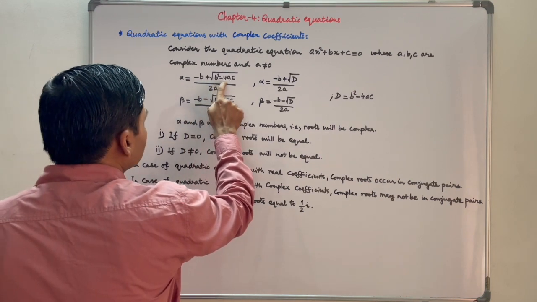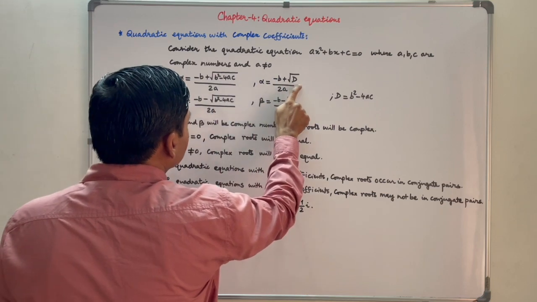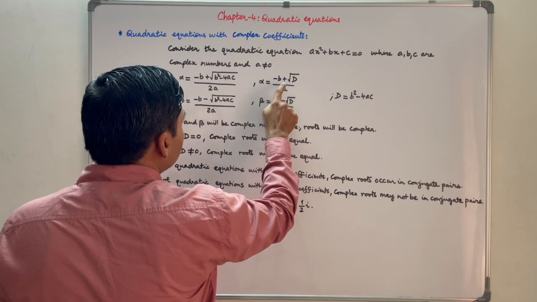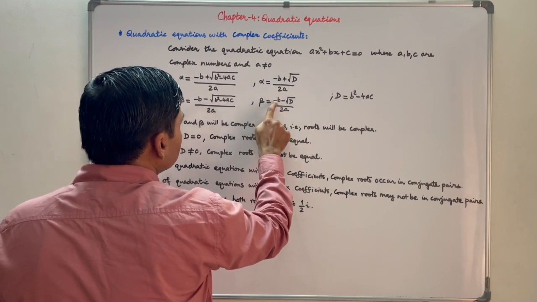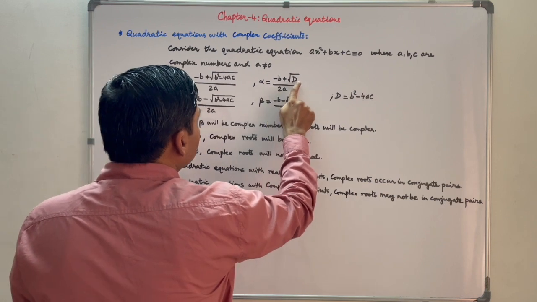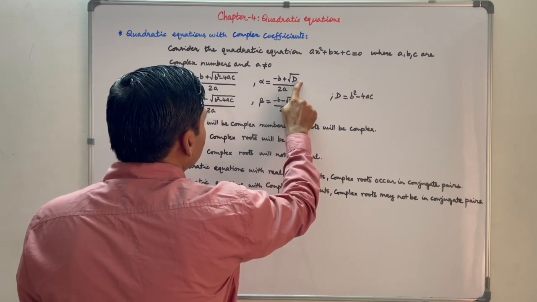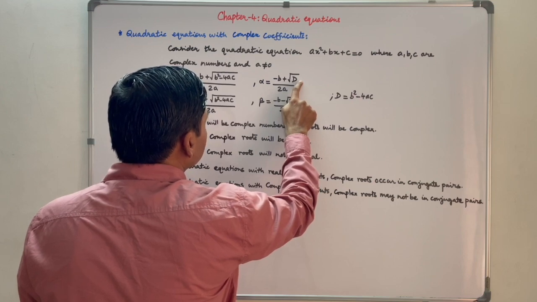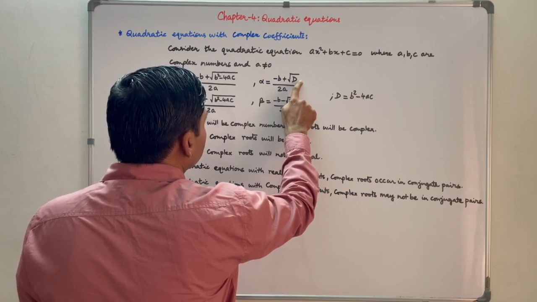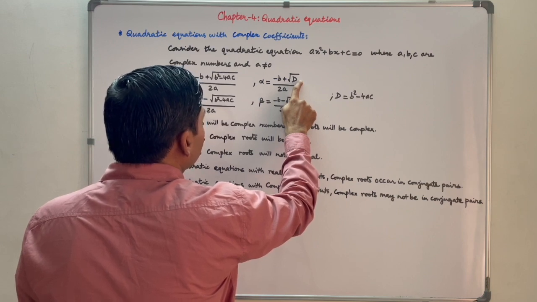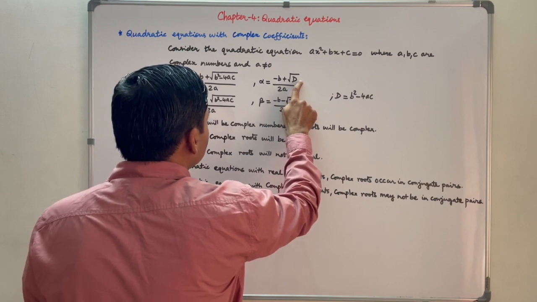Replace b square minus 4ac by discriminant D. So roots can be written as minus b plus under root D upon 2a and minus b minus under root D upon 2a. We will consider only two cases here, when D is equal to 0 and when D is not equal to 0. We will not consider when D is greater than 0 or when D is less than 0, as we know that the inequality is not defined for complex numbers.